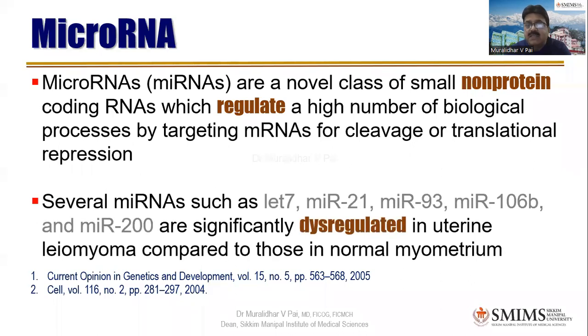Several miRNAs such as LET7, MIR21, MIR93 are significantly dysregulated in uterine leiomyoma compared to those in normal myometrium. So just write microRNA will have dysregulation of the non-protein coding RNAs. That's why there is haphazard growth.